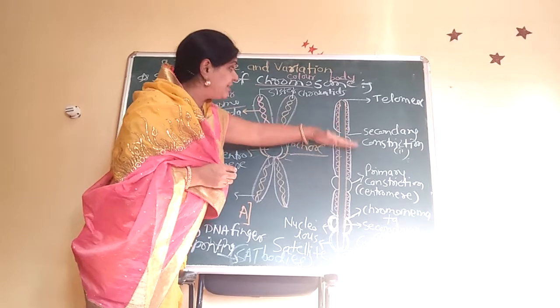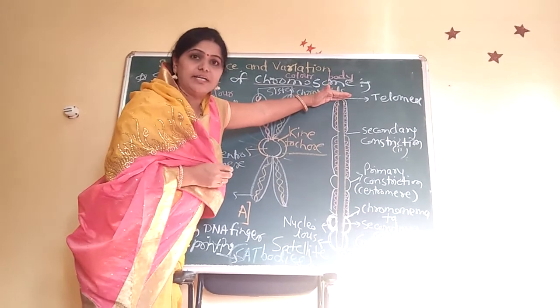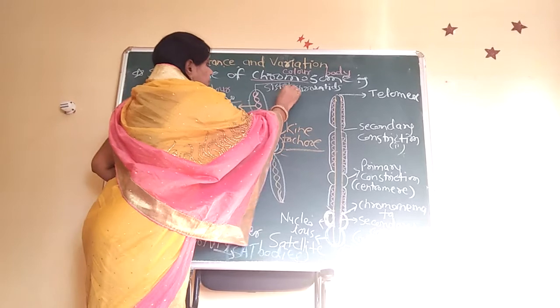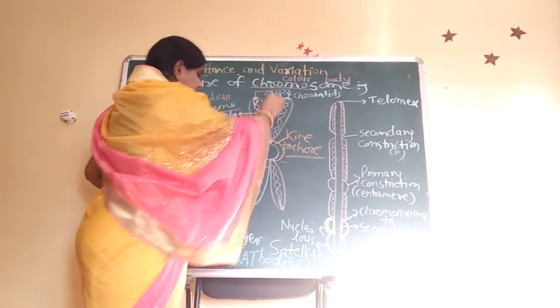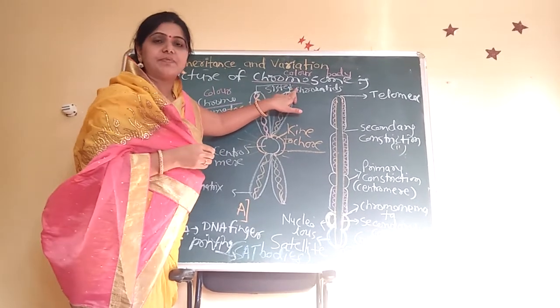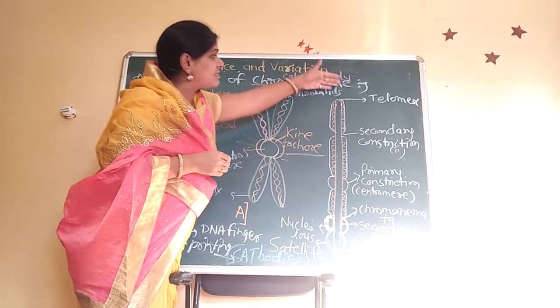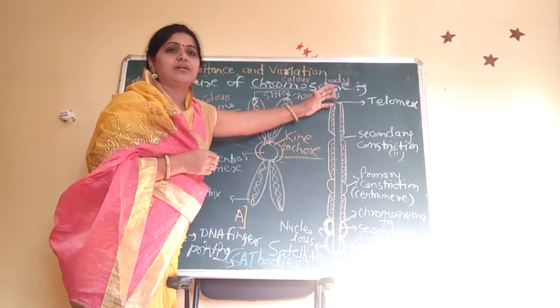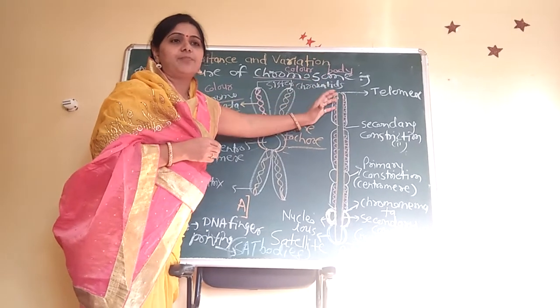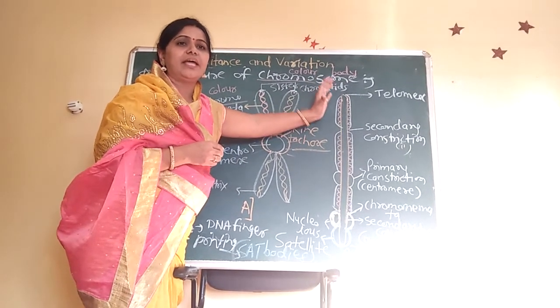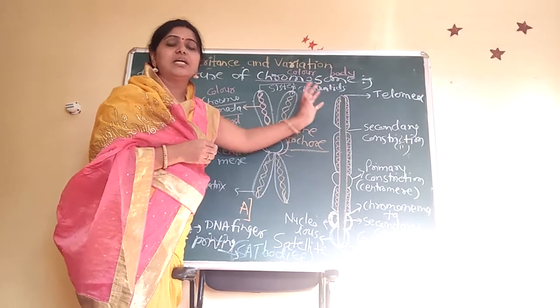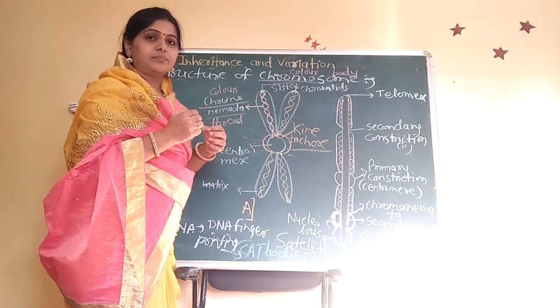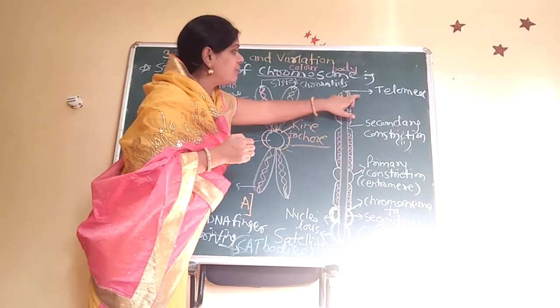Then the telomere here. The tip of the chromosome is called the telomere. This is also a telomere. The end side of the chromosome is the telomere, and it has the unique property of preventing the ends of chromosomes from sticking together.